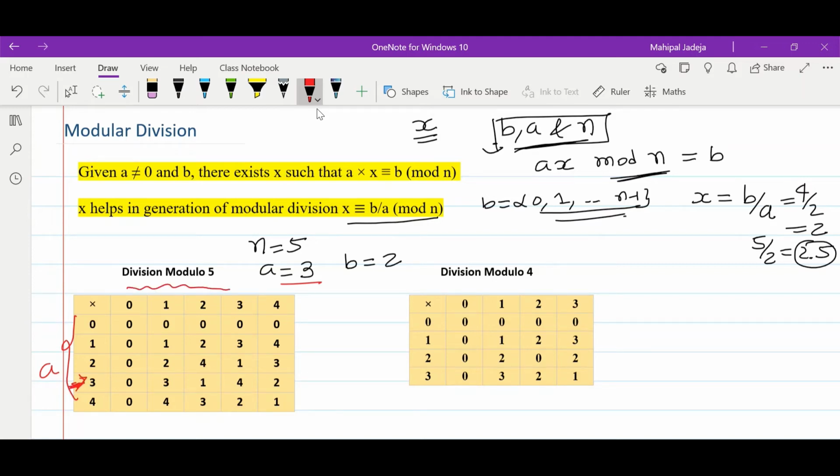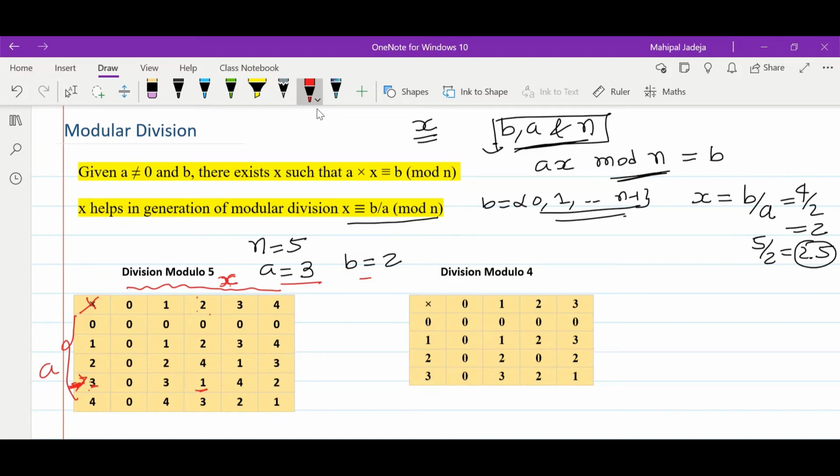The column values correspond to values of x, so we are interested in finding that particular value of x. Let me take some pairs. For example, if I take a equal to 3 and x equal to 2, then 3 into 2 is 6, and if I take mod 5, then I will get 1. So this 1 corresponds to the pair 3 comma 2, right?